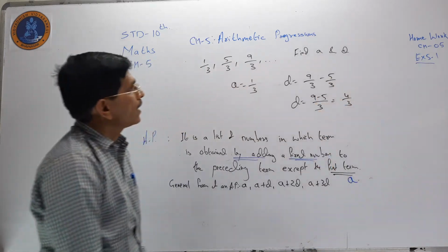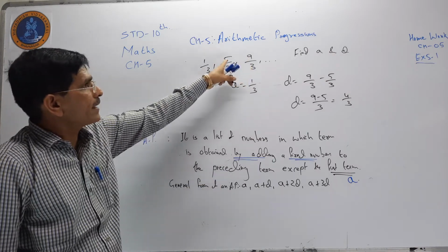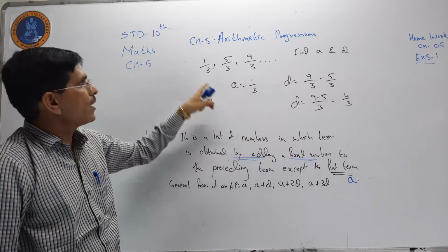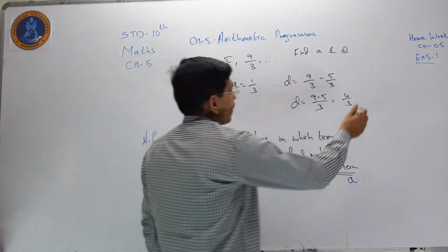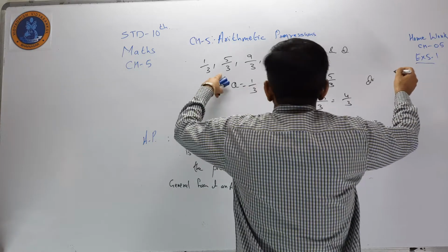Again, what am I doing? 9 by 3 minus 5 by 3. If you have a doubt, we can do it again. D is equal to 5 by 3.